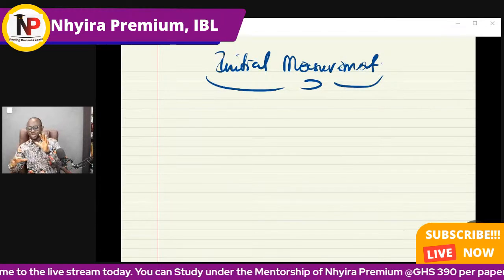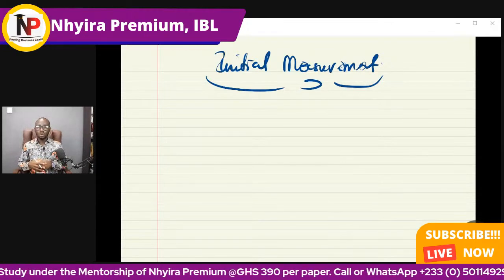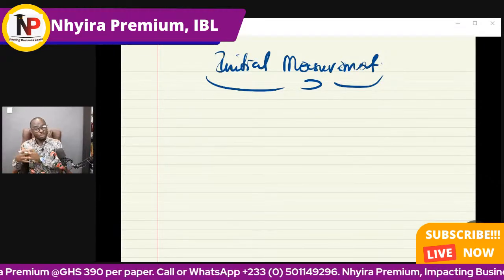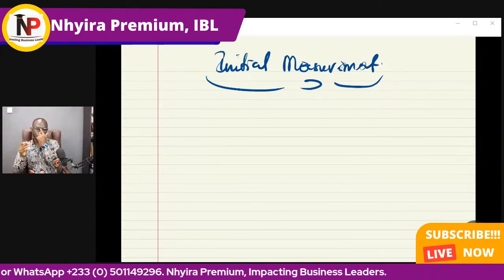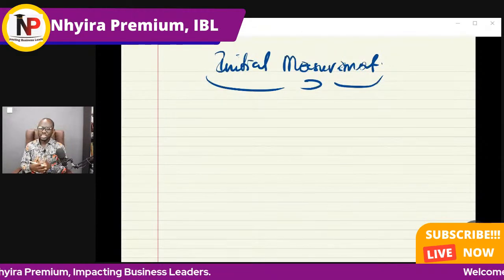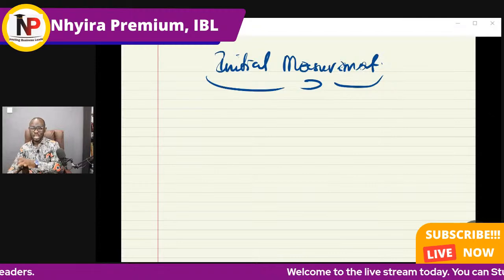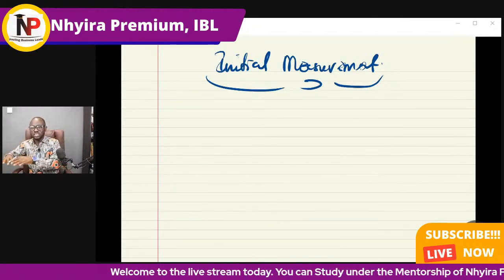Now, I gave you some understanding about this when we were looking at the differences between capital expenditure and revenue expenditure in the beginning of the lecture. According to IAS 16, the initial cost of an asset shall be the purchase or the manufacturing cost, and other direct costs incurred in bringing the asset to its present use.